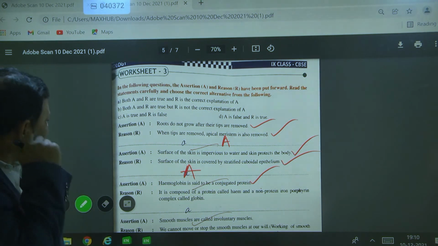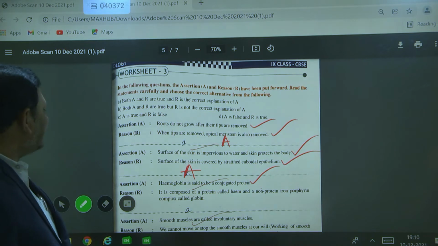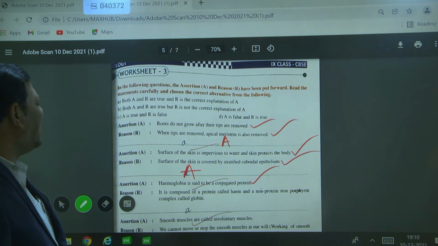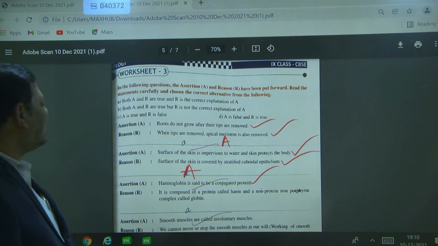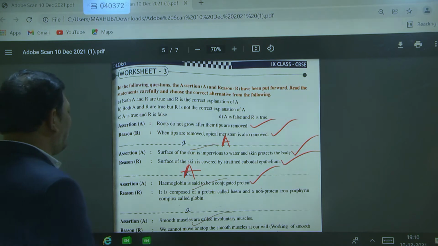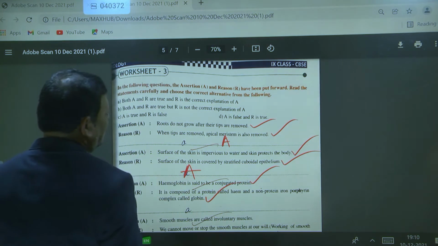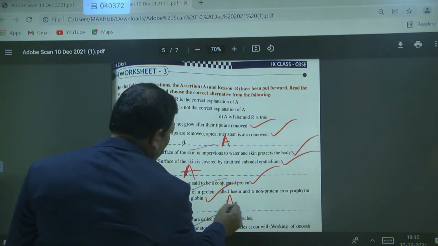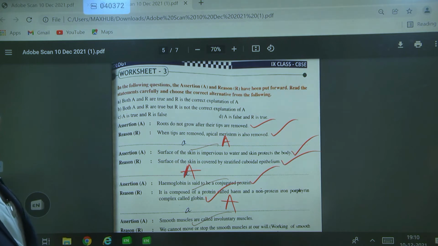True or false? True. It is composed of a protein called globin and a non-protein iron porphyrin complex called heme. True.